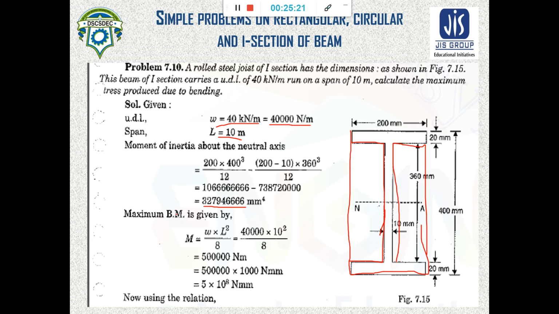So if we calculate, we can get the moment of inertia value like this. And the maximum bending moment: here UDL is given, so in case of UDL, the maximum bending moment will be W L square by 8.